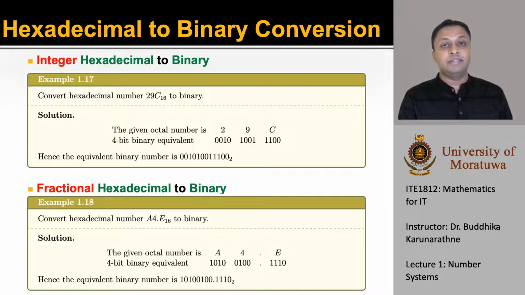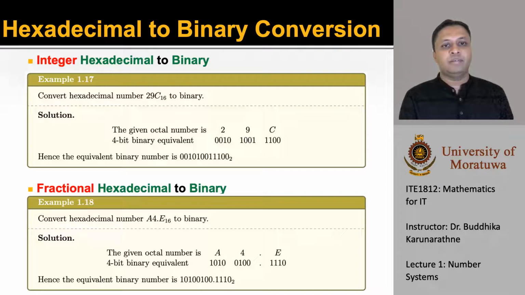The procedure is similar. There's only a slight difference. So let's once again take examples. Take integer hexadecimal converting to binary. Take the example 29C in the hexadecimal format.